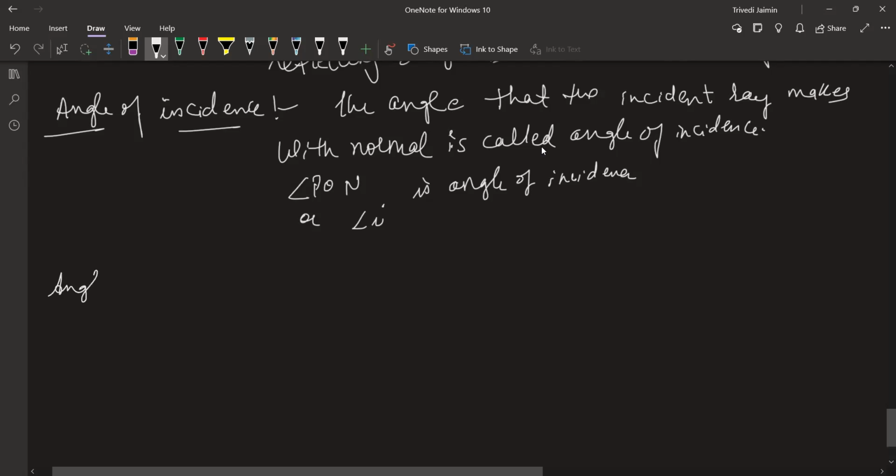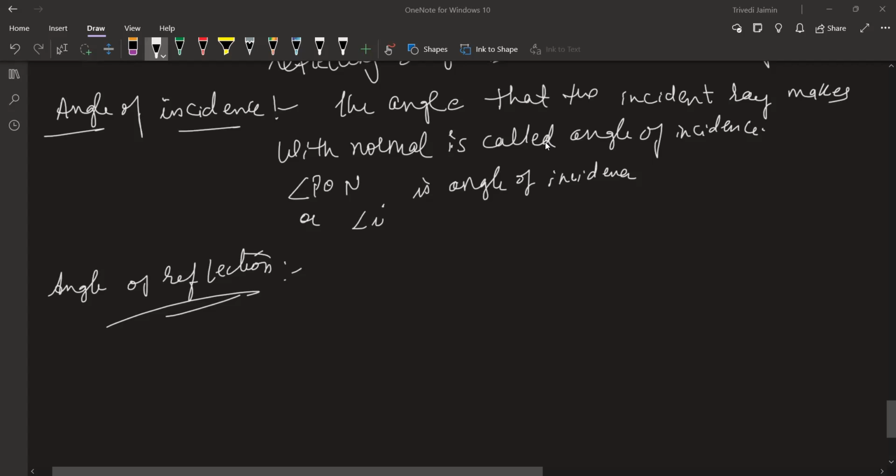Now, angle of reflection. Let me see who will try this. Harshil, will you try this? The angle of reflection, which reflects from the reflecting surface, and name it.